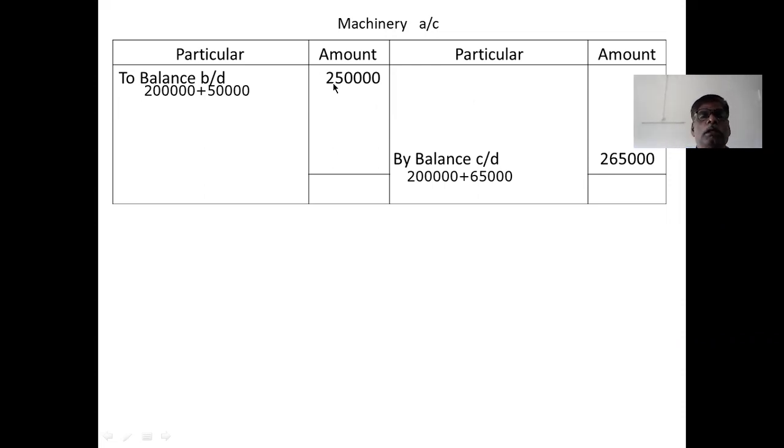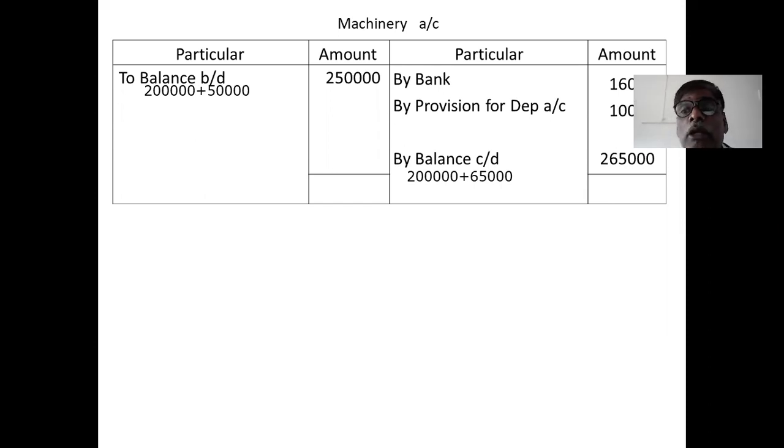Now you take the sale. By bank, sale is 16,000. By provision for depreciation, 10,000. This 10,000 is the accumulated depreciation on the sold asset. Clear? Then loss on sale is 4,000.